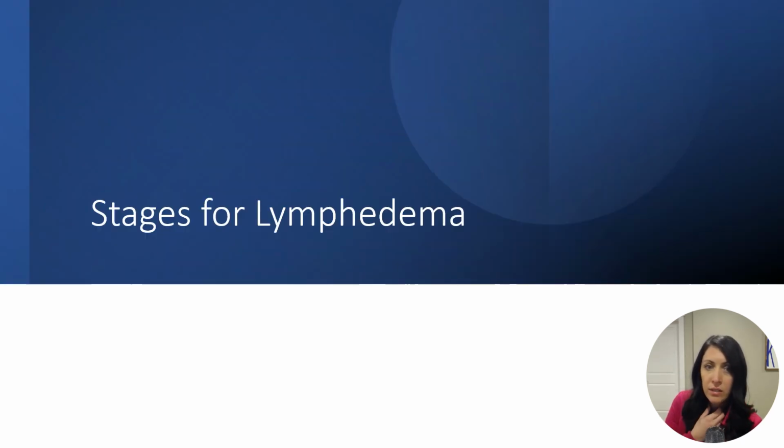So as we get into the stages, before that, I'll talk a little more about the clinical manifestations. Usually, lymphedema occurs in the distal upper or lower extremities, especially the dorsum of the foot or the hand.